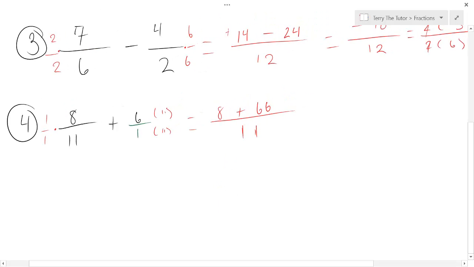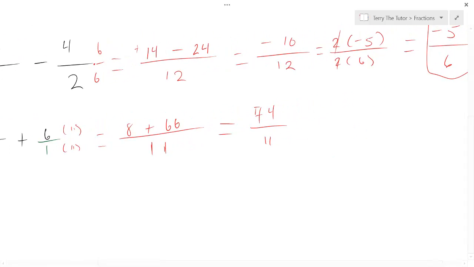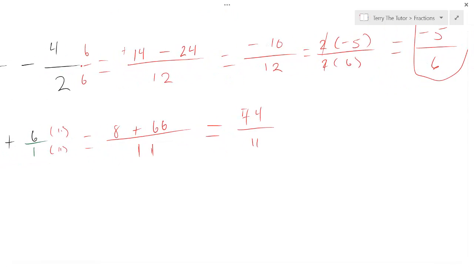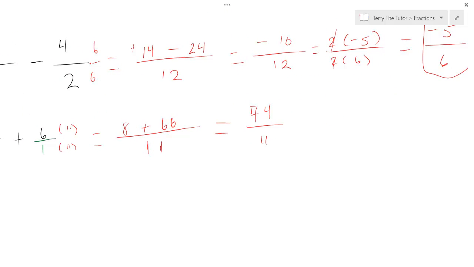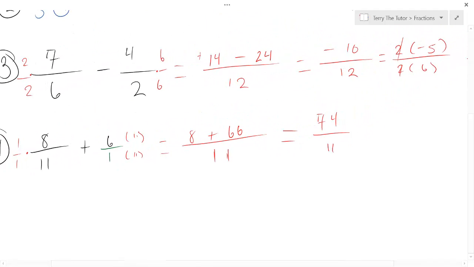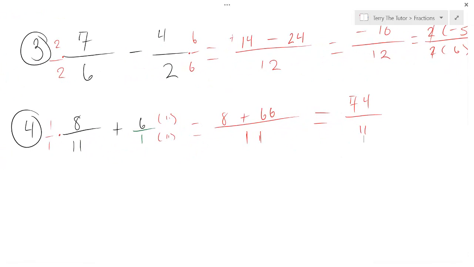That works. 8 plus 66 is equal to, don't fail me now, 74, I'm guessing. 74 over 11. And this might be able to be reduced. But we'll just plug that into the calculator if it's that important. Anyway, that's an improper fraction as well. But I don't know if it'll reduce to a whole number.